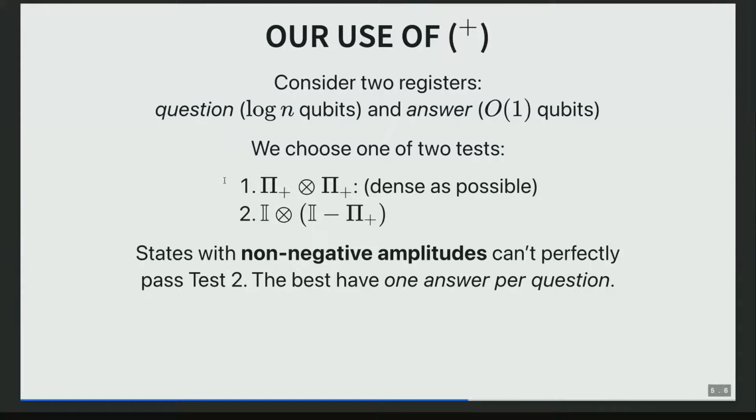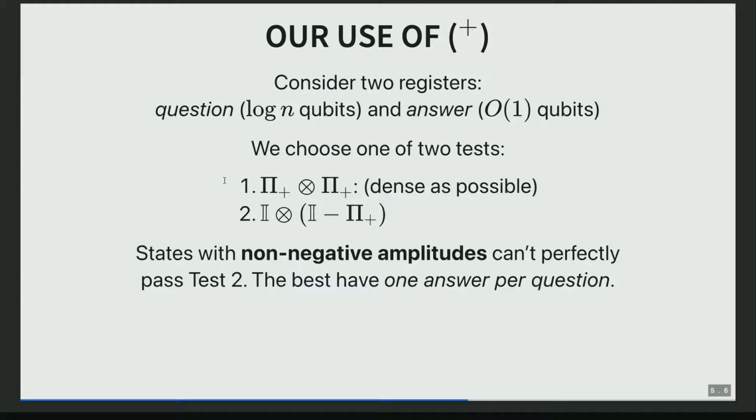I just measure this, I count the probability of acceptance. You can say the second test is trying to minimize the number of answers. It doesn't matter how many questions you have, but for a given question, in the answer register, I only want there to be one answer. If I have two answers, then I'm going to fail with more probability.